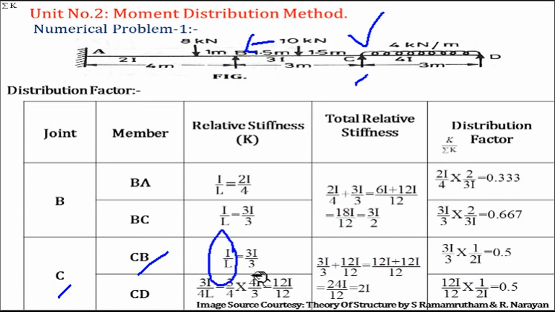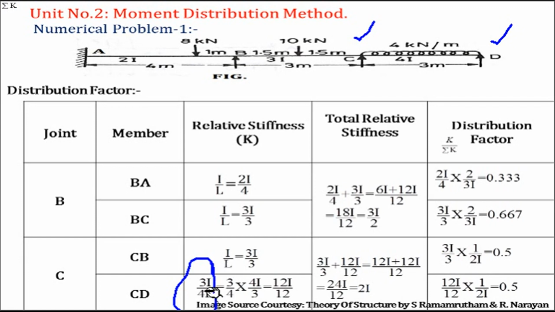Now I for this span is 3I, so 3I upon 3. Span is 3. Now for span CD, the joint is C and the far end is D. So the far end is simply supported. When the far end is simply supported, it may be roller or hinge support or overhang.